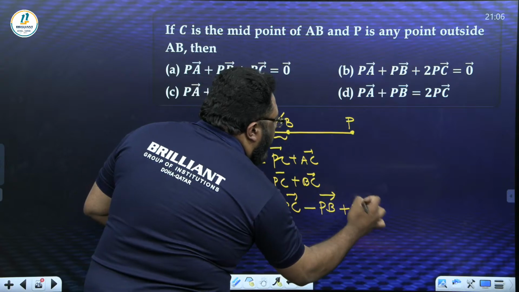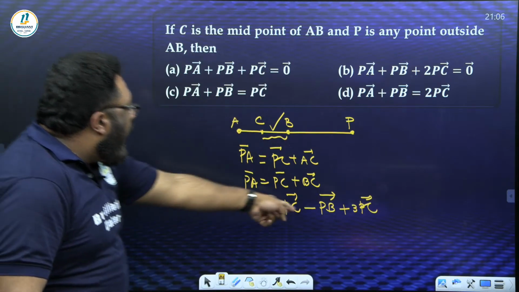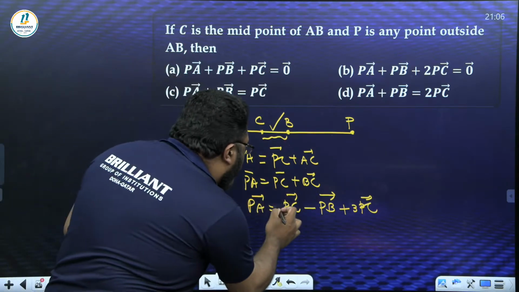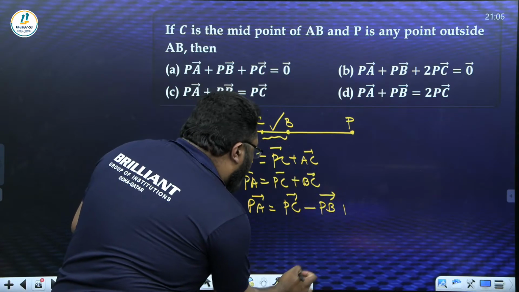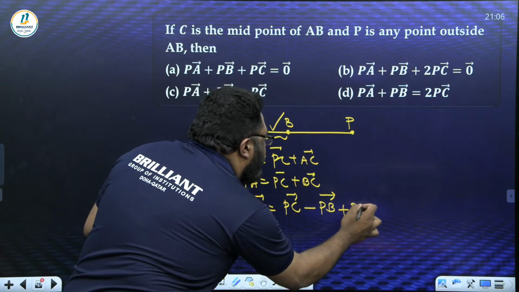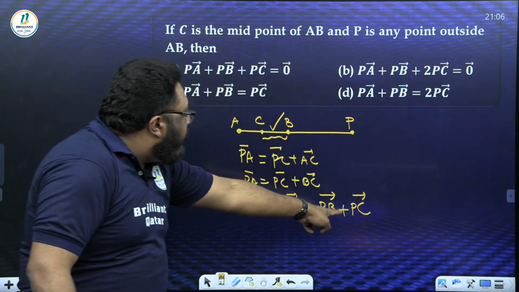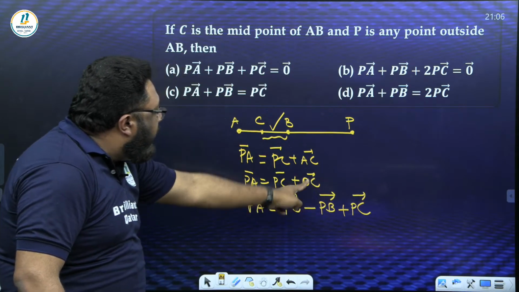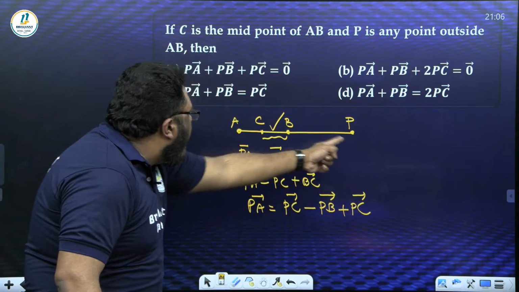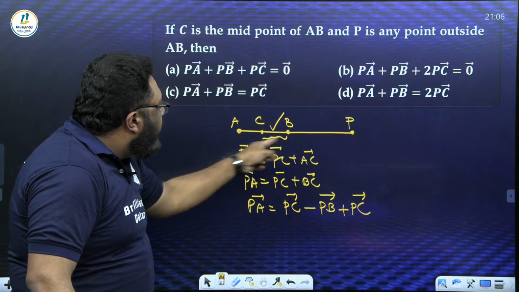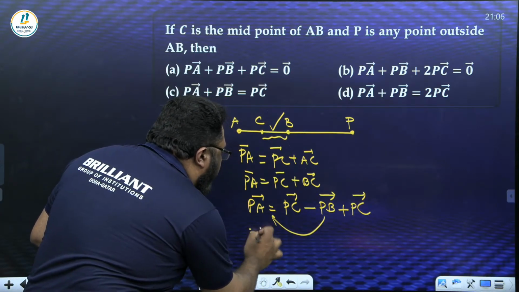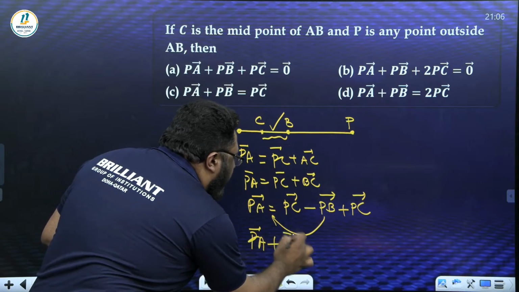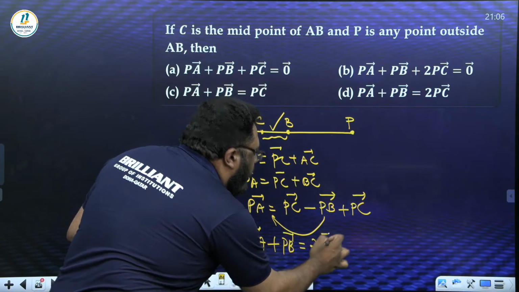The addition is very clear. PC minus PB is BC. So if I take PB to the left side, I get PA plus PB equals 2 PC.